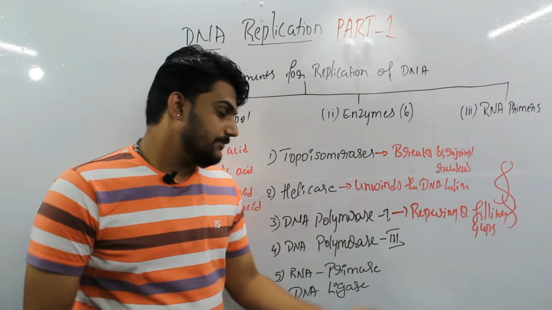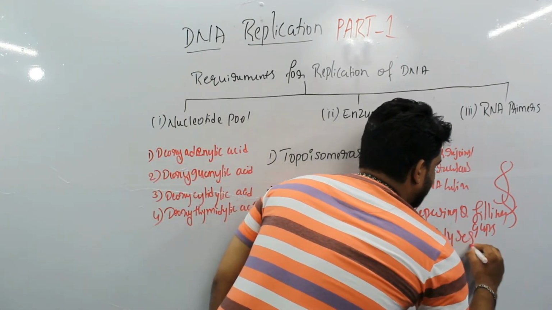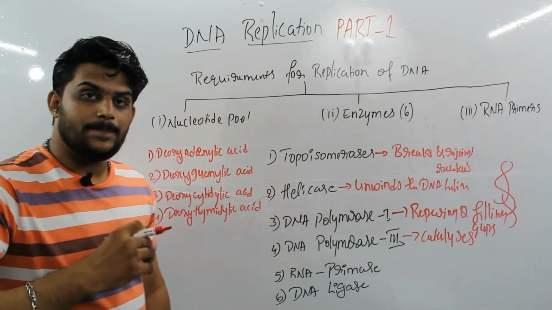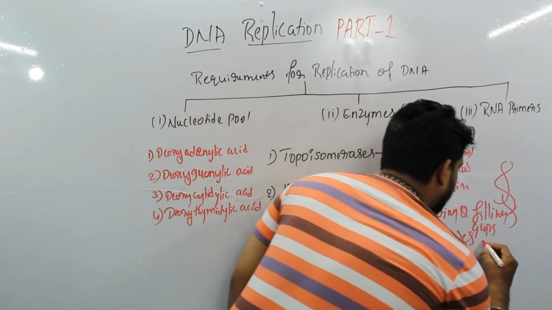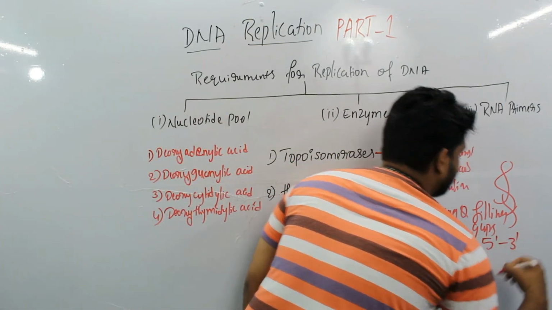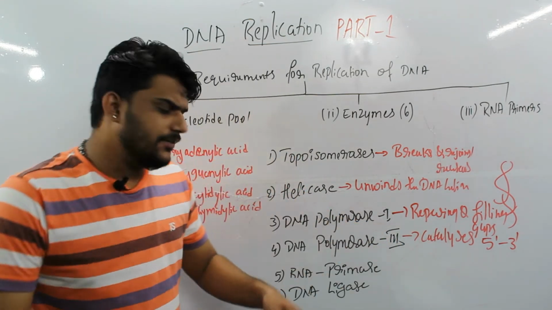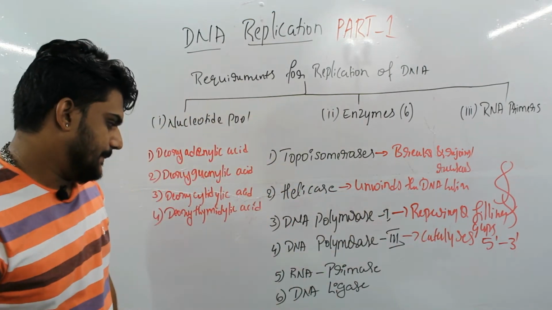Next, DNA polymerase 3. This is an enzyme which catalyzes the generation or production of the DNA strand from the 5' end to the 3' end. So it catalyzes the reaction of production of DNA from 5' to 3' end.